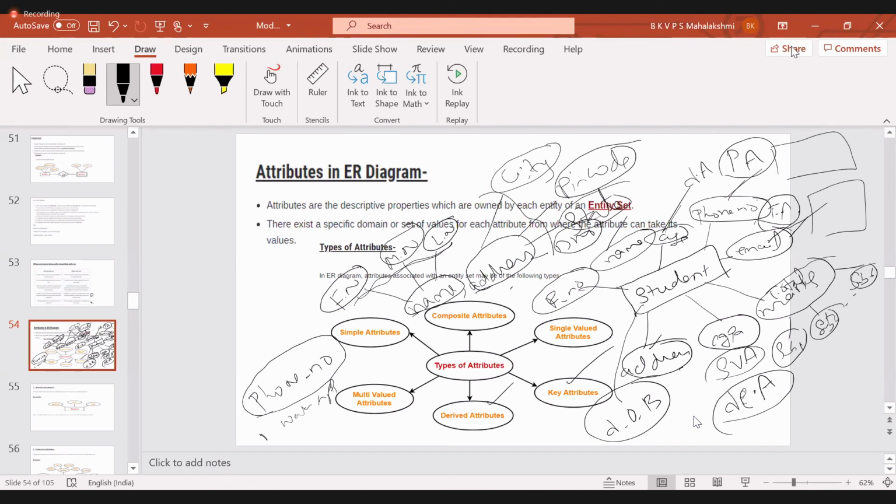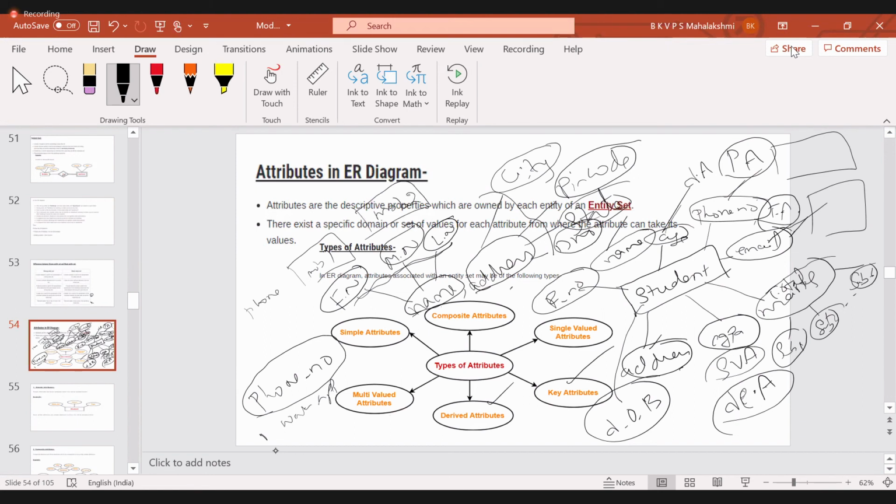It is completely dependent on the database also. Maybe sometimes in the registration form, at the heading of phone, they will ask you for mobile number 1, alternative mobile number 1, alternative mobile number 2.